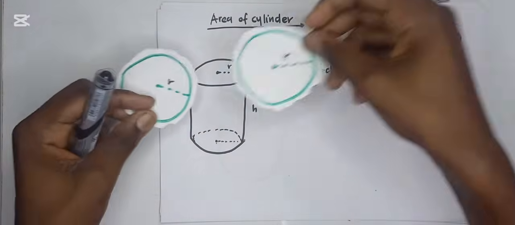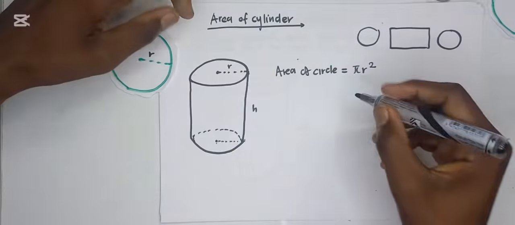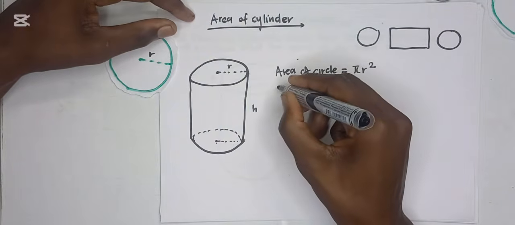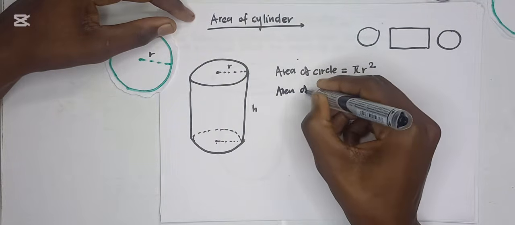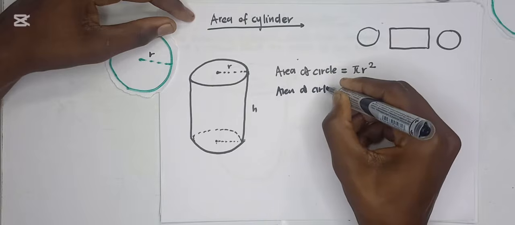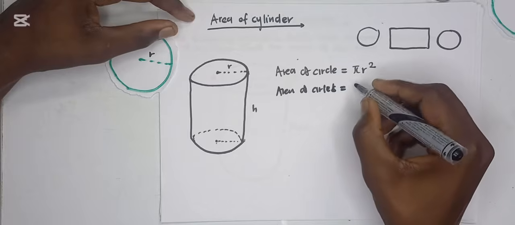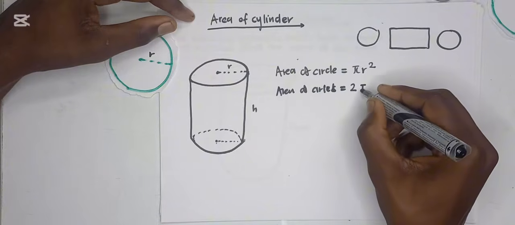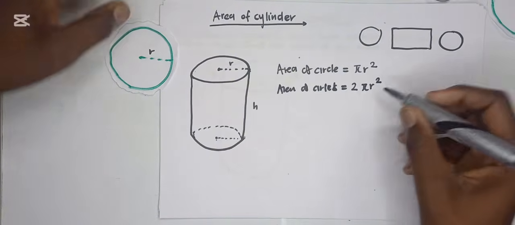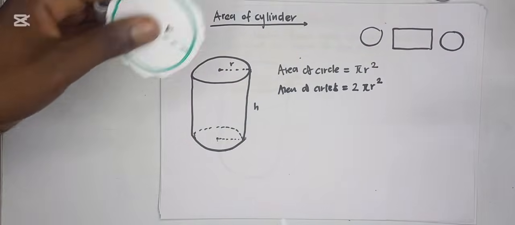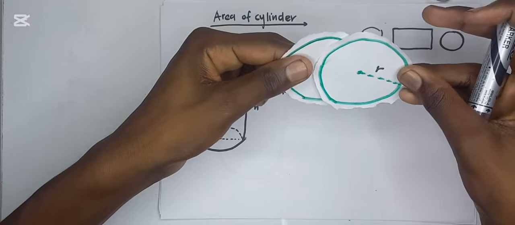Since it's two, we're going to put 2. So the area of these two circles is going to be 2 pi r squared. These represent the two circles that are here.